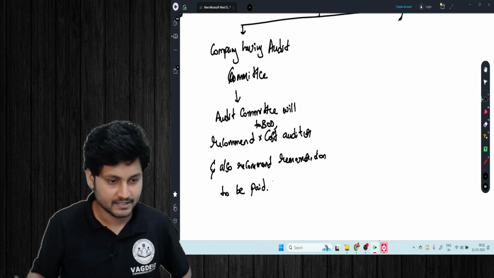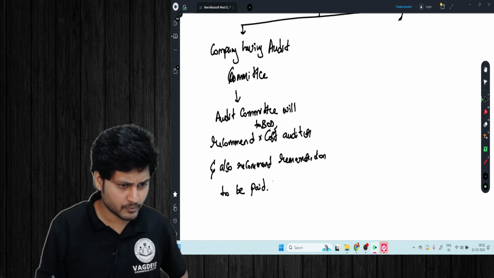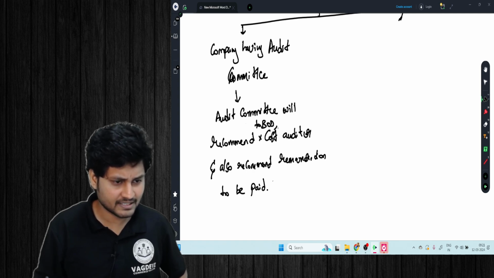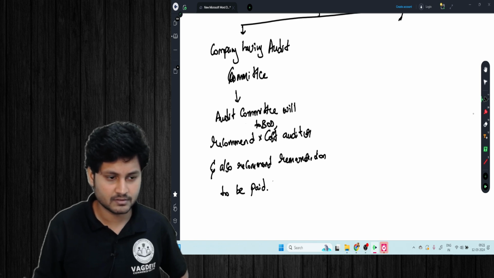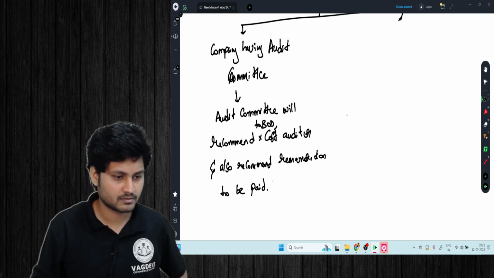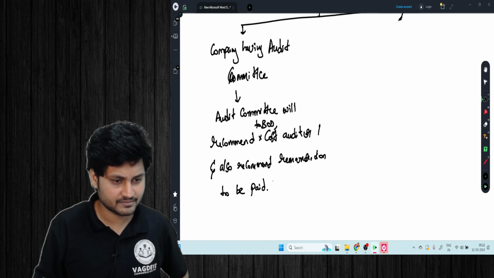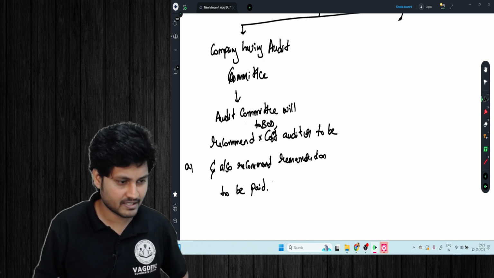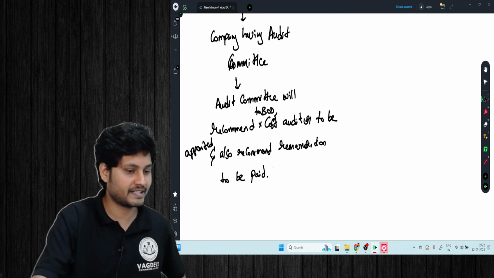That's it. See, the audit committee will recommend to the board of directors the cost auditor to be appointed and also the remuneration to be paid.